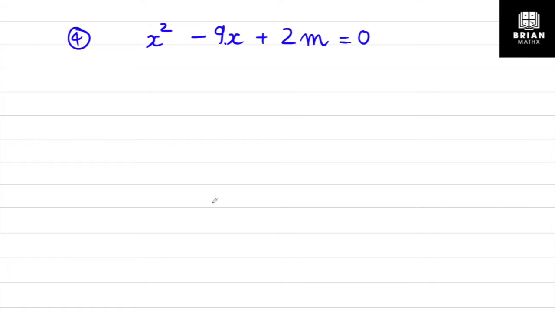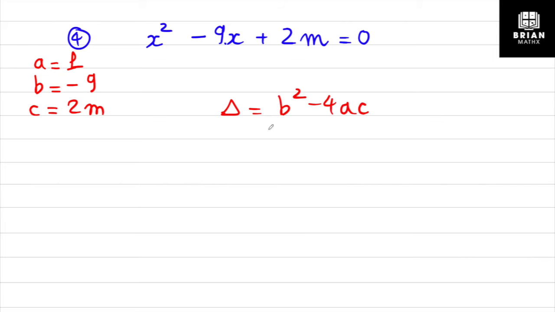Example 4, you got a equal to 1, b equal to negative 9. Yeah, this is negative 9, it's not 9. And c equal to 2m. Okay, discriminant, original formula, and then substitute values, negative 9 squared.